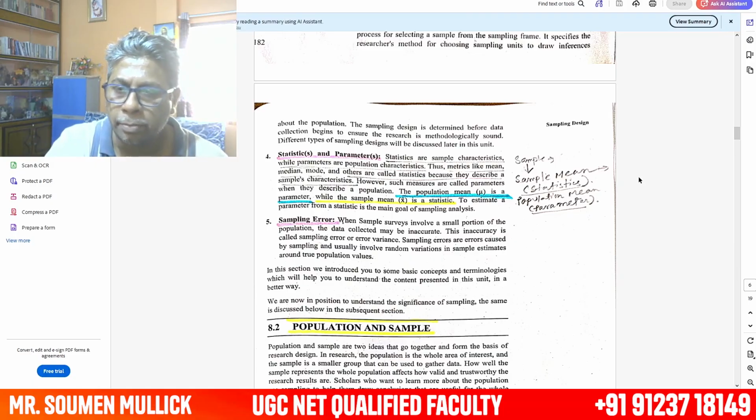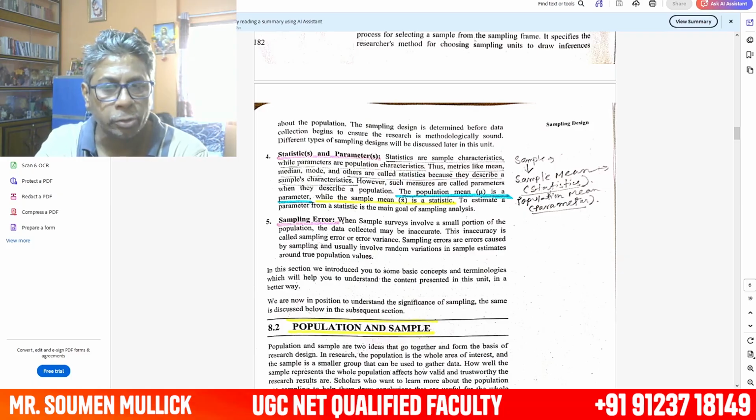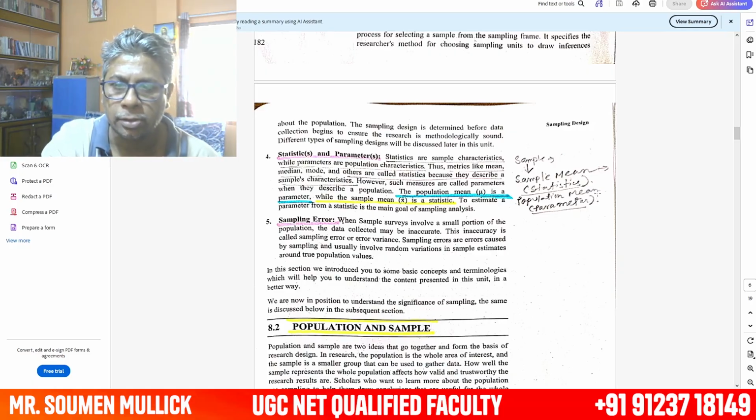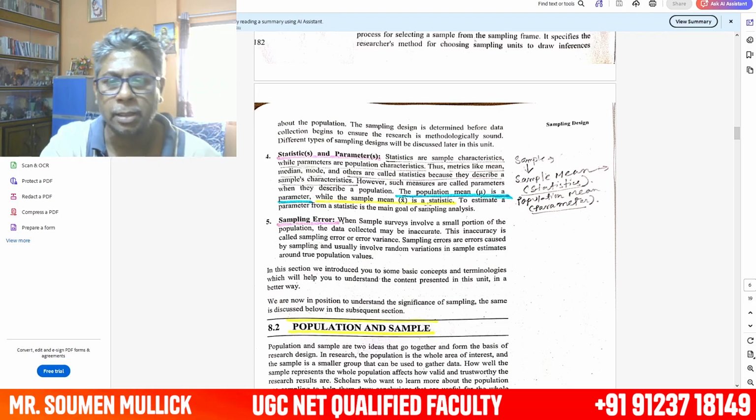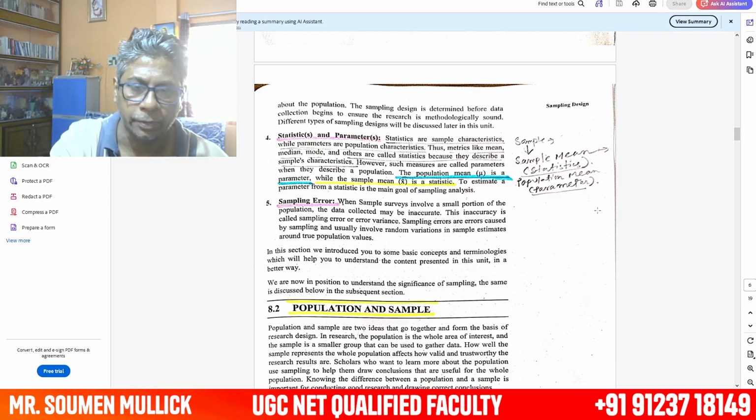The sample mean is called a statistic, and the population mean is called a parameter. Such measures are called parameters when they describe the population. The population mean is a parameter, whereas the sample mean is a statistic. Very important point.